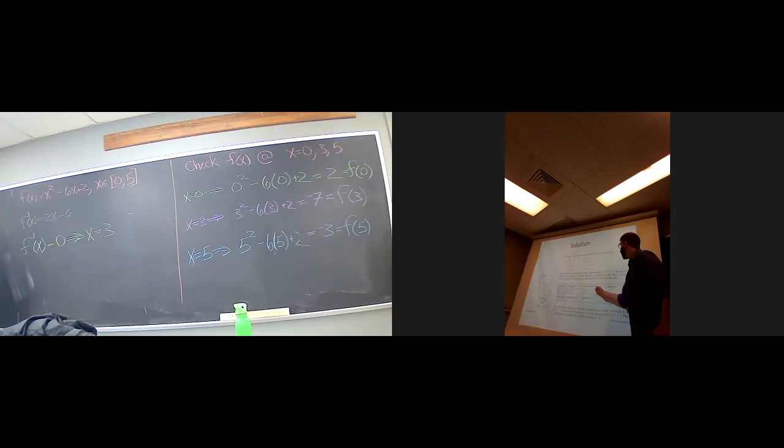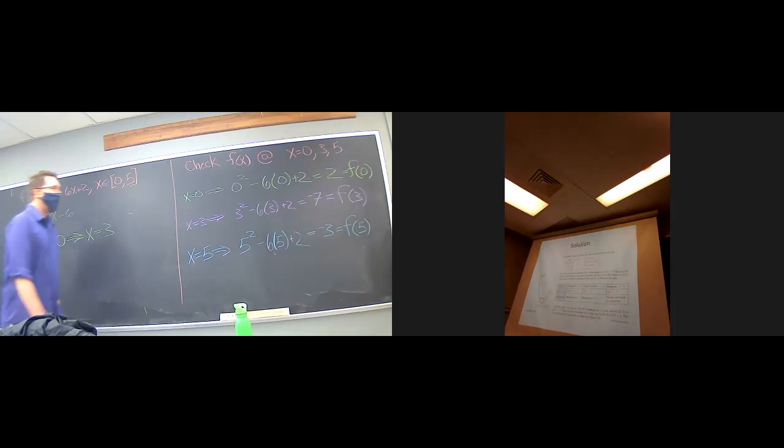Two is the maximum of all of these values, and -7 is the minimum. So x equal to 0 must be an absolute max, and x equal to 3 must be an absolute min. Check it out, it's also a relative min. Does this make sense? I'm assuming by the silence that's a yes.